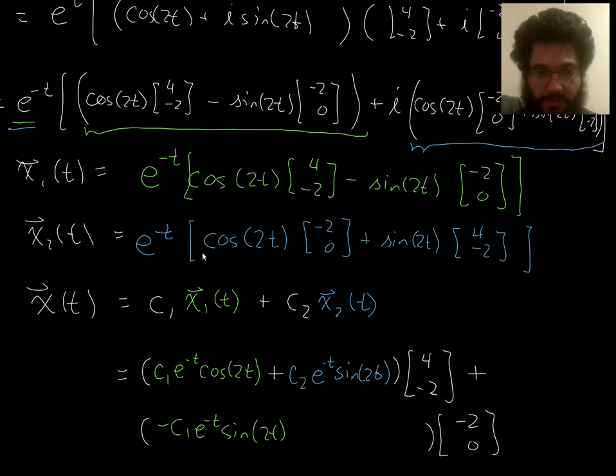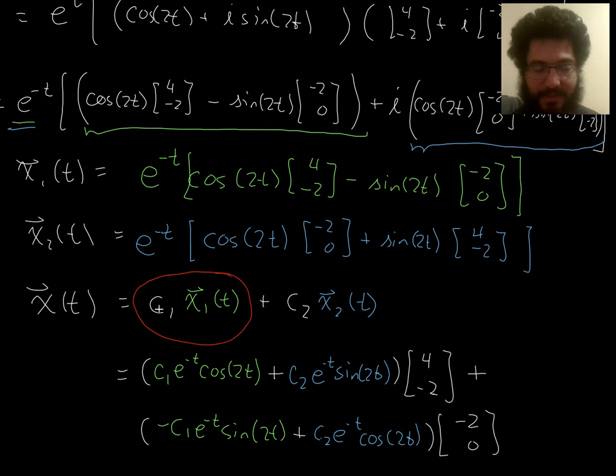And the blue seems to contribute in front of (negative 2, 0), e to the negative t cosine 2t. So it's kind of up to you if you want to group things like this, where it's all the stuff that has a c1 in front of it plus all the stuff that has a c2 in front of it, or you can group things like this, where it's all the stuff that is scaling this vector plus all the stuff that's scaling this vector.